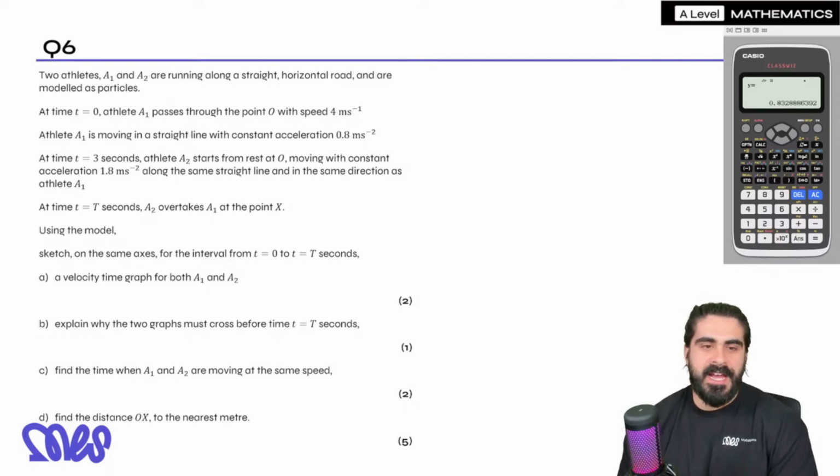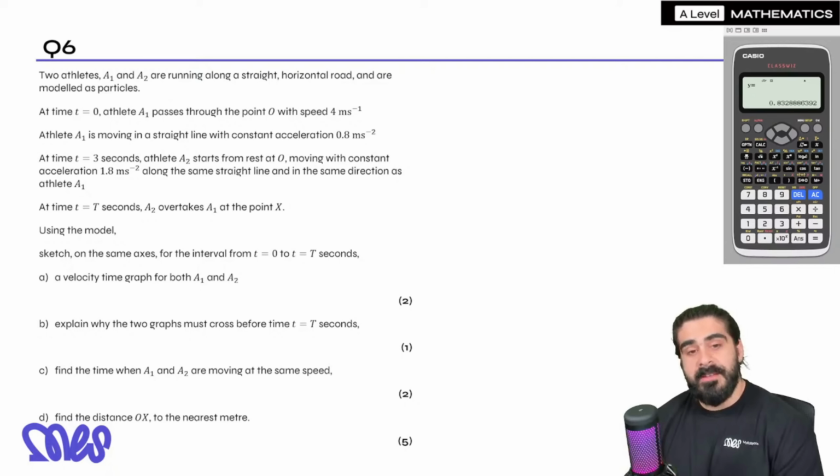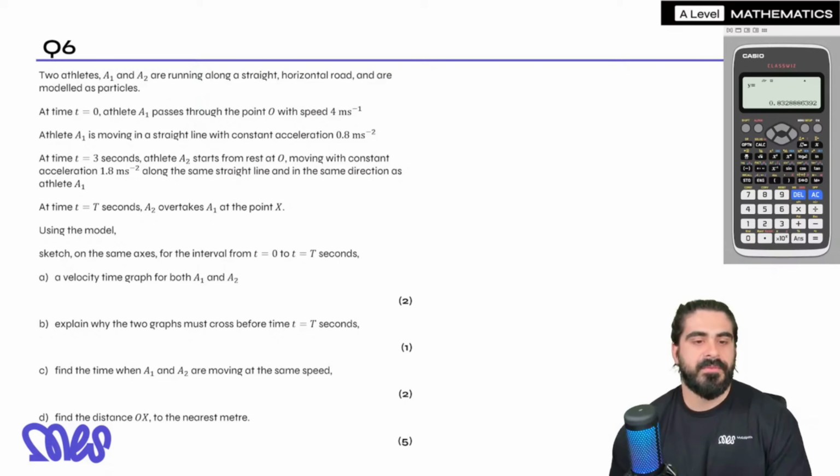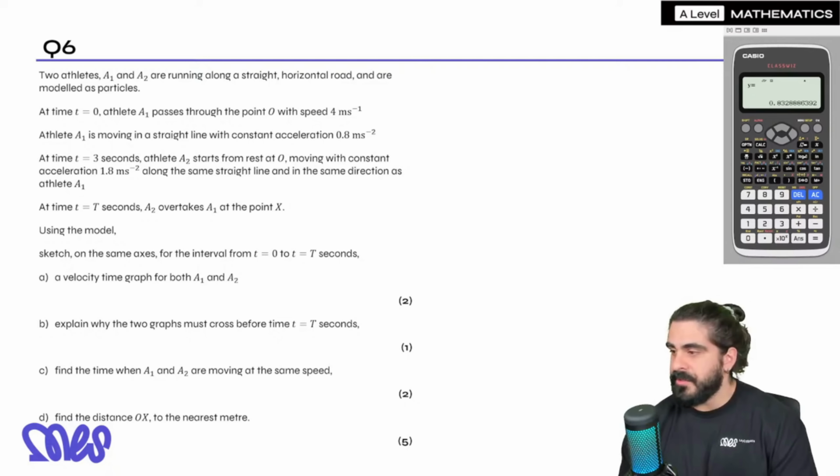At time t equals 3, athlete A2 starts from rest at O, moving with constant acceleration 1.8 meters per second squared, along the same straight line and in the same direction as athlete A1. At time t equals capital T seconds, A2 overtakes A1 at the point X. Using the model, sketch on the same axes, for the interval from t equals 0 to t equals capital T seconds, a velocity time graph for both A1 and A2.